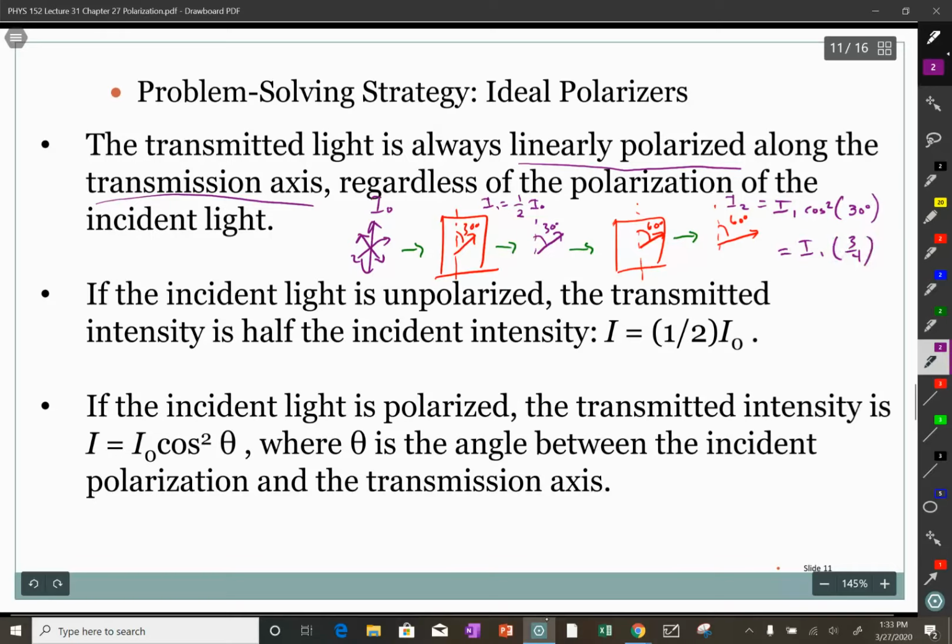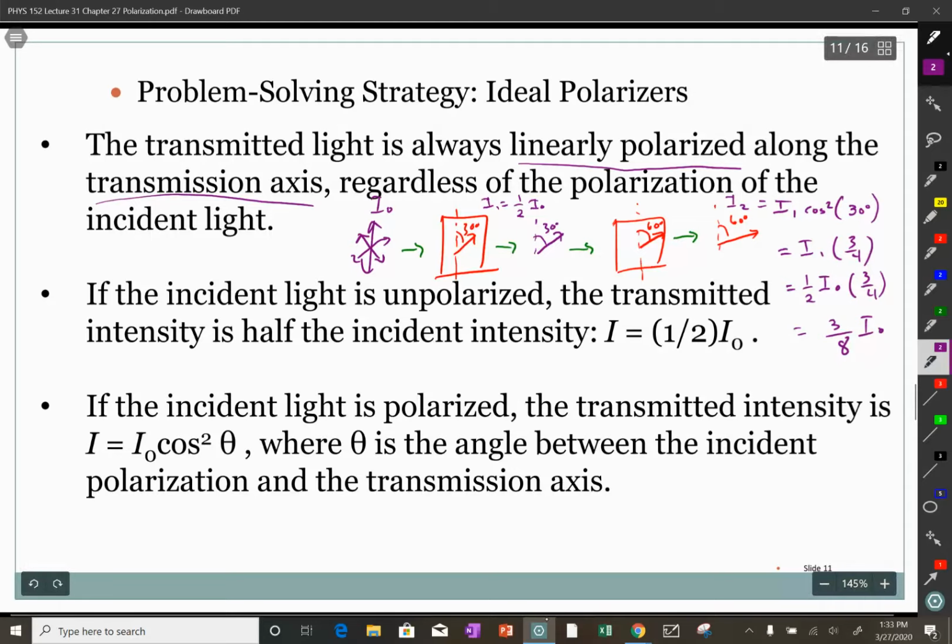Now, if I put in my I1 as 1/2 I initial, that's how much light should be getting through that second polarizer. So as you go through the process, remember the transmitted light is always linearly polarized along the transmission axis, regardless of the incident polarization.